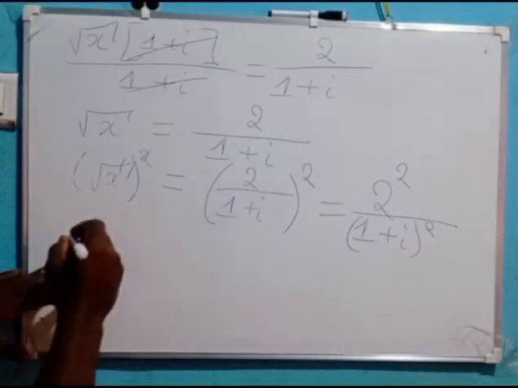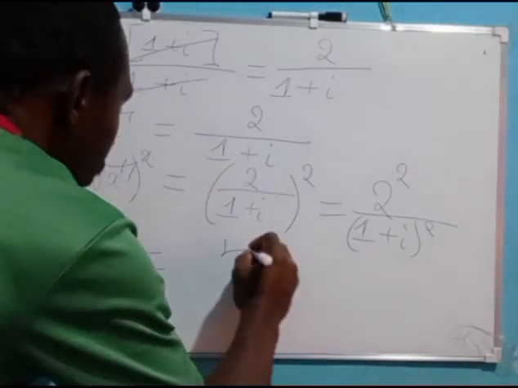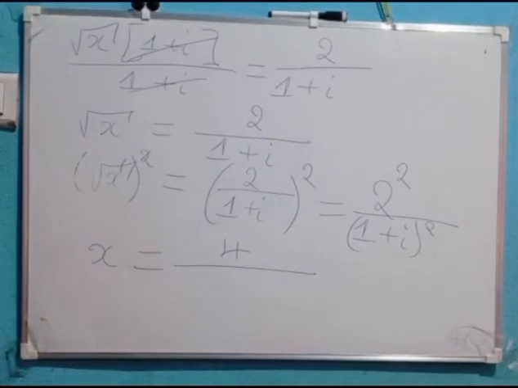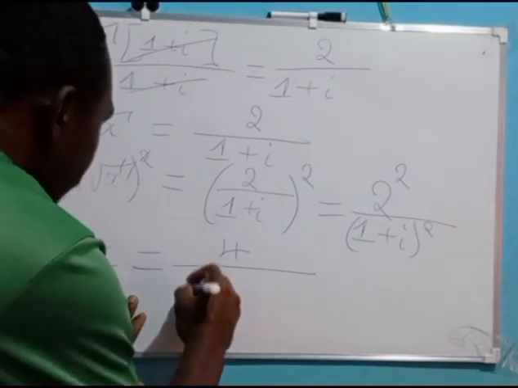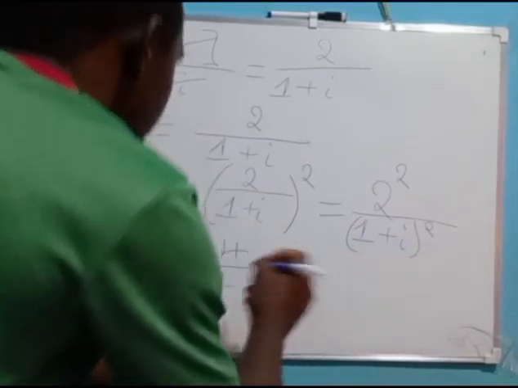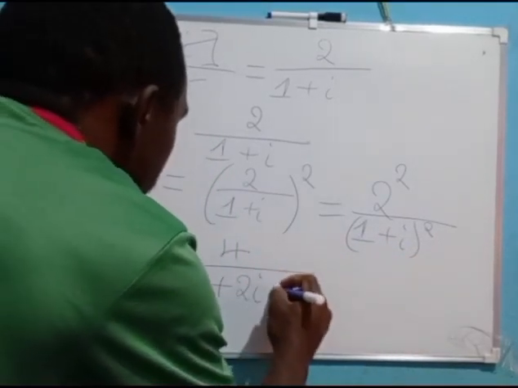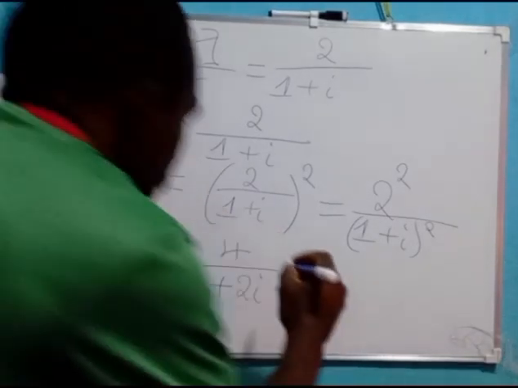This will give us x to be equal to 2 squared gives us 4 all over, at the denominator, 1 squared gives 1 plus we take 2 times 1 times i, plus 2i, plus i squared.